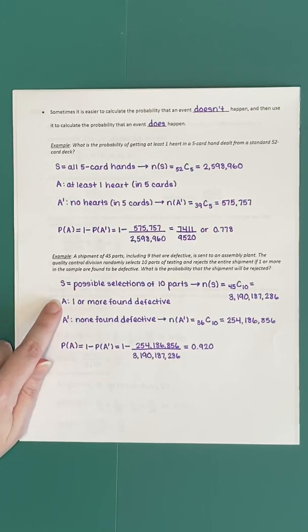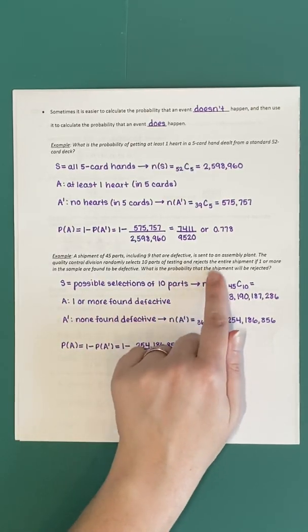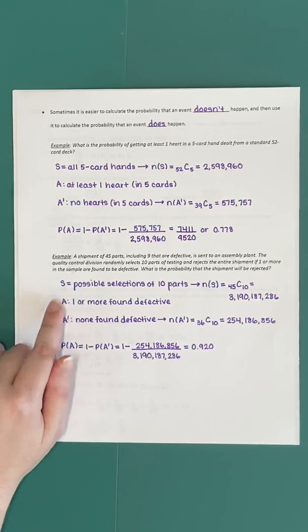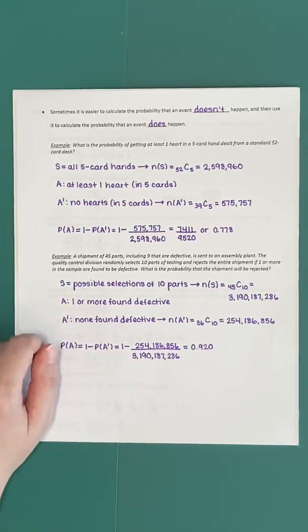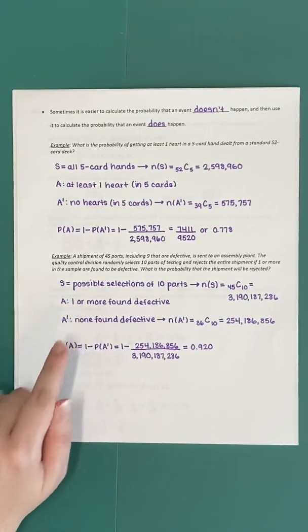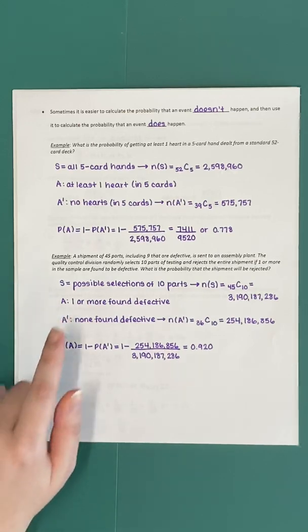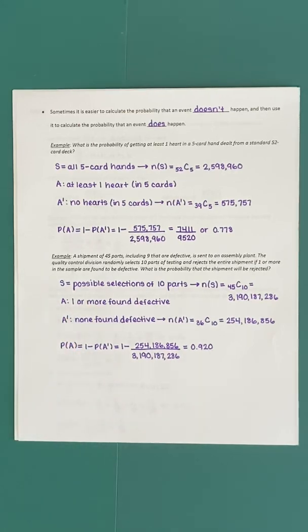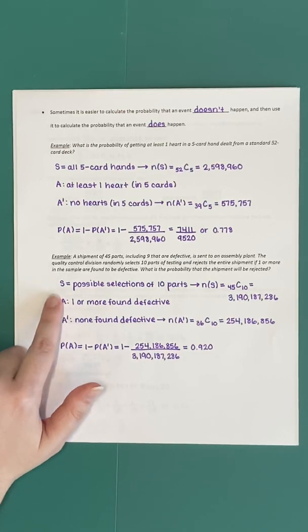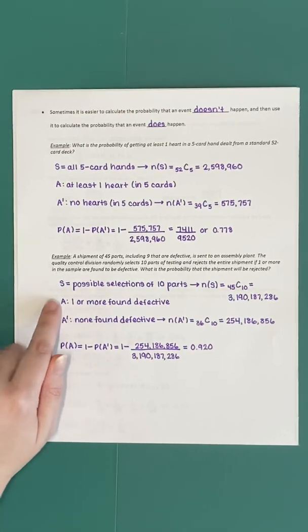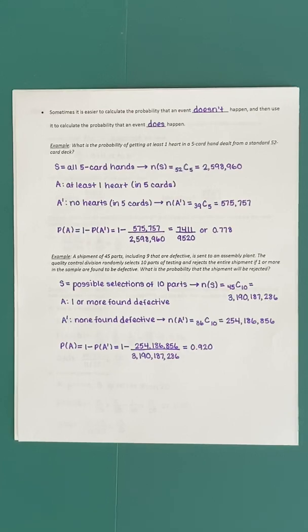Same kind of thing here. Returning the shipment results when one or more is defective. So one or more being defective could mean that one is defective, or two, or three, or four, all the way up to 9. So if you wanted to calculate the probability of this event directly, you would have to calculate how many ways there are to have exactly one that's defective.